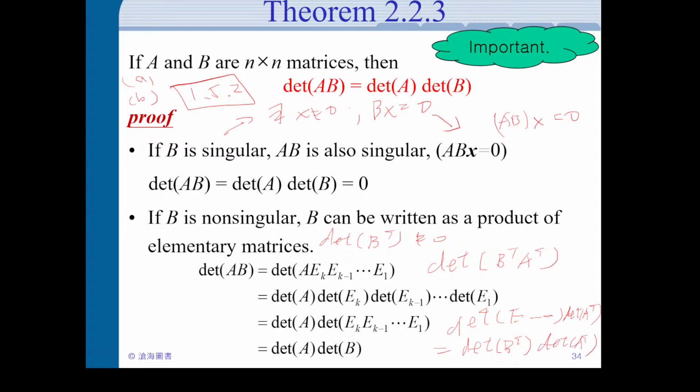And finally, we use once again delta BT equal to delta B, and delta AT equal to delta A. And so this is equal to delta AB, and this is equal to delta A, delta B.